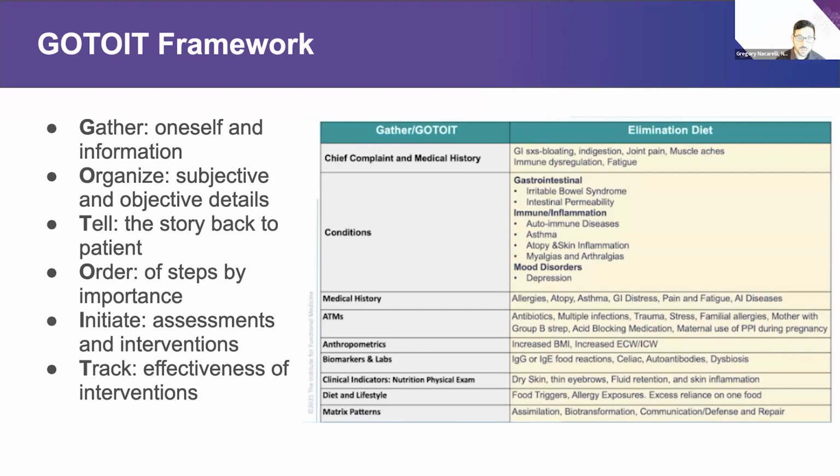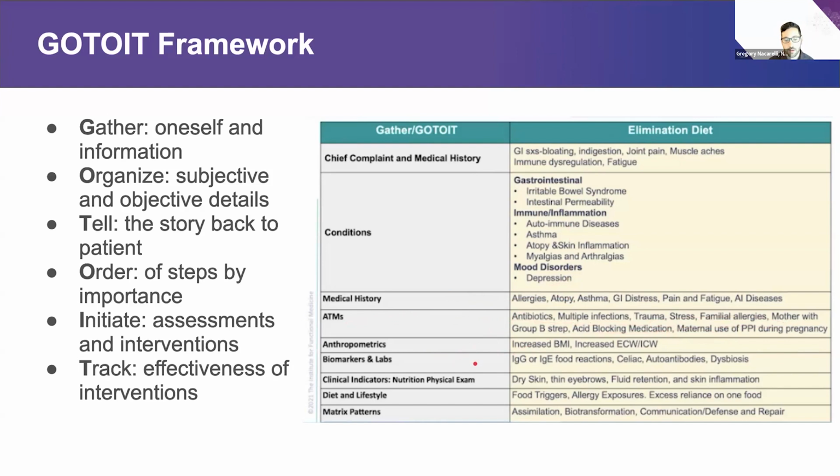And so within this, you're looking at the chief complaint and medical history, which will be associated with many different symptoms. The conditions, you're tracking the conditions by the system, via gastrointestinal or immune inflammation or mood disorders. Tracking the medical history, the antecedents, triggers, and mediators in terms of those.